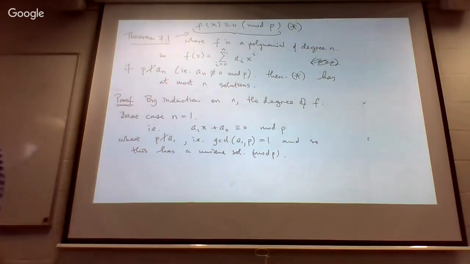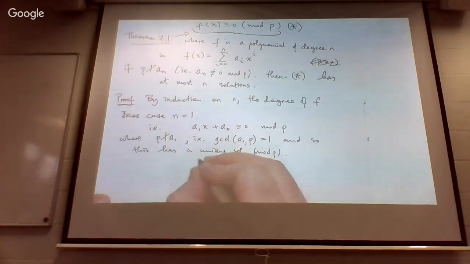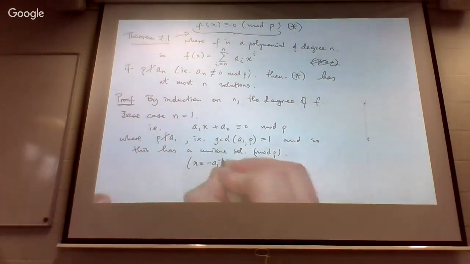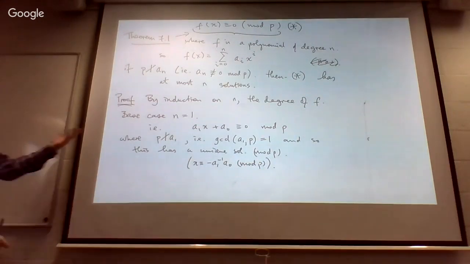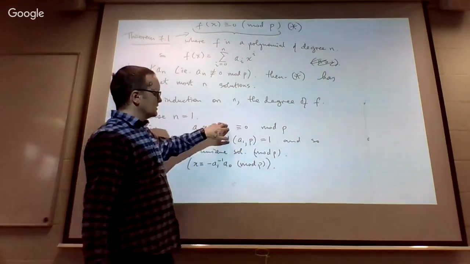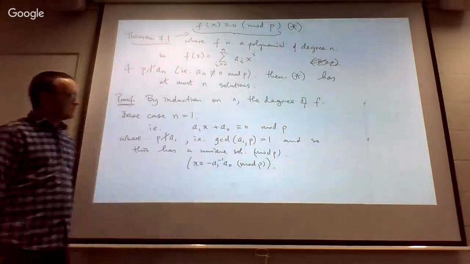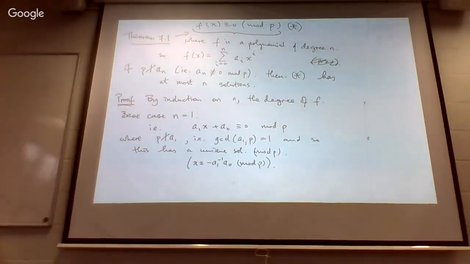Remember, the solution was x congruent to minus a1 inverse a0. The inverse exists. You can multiply both sides by the inverse. Bring this part over here, so you get x congruent to minus a1 inverse a0.